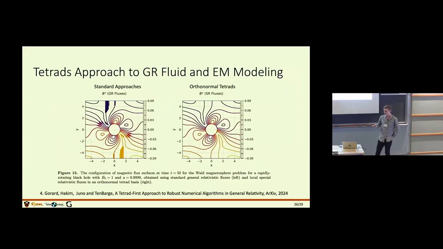But with a local orthonormal tetrad frame, or tetrads-first approach, derived by Jonathan Gerard, Amar Hakim, Jimmy Juno, Jason TenBarge, and others, you're able to transform your local GR variables into a flat space and solve the special relativistic problem there, alleviating this difficulty on your GR solvers.